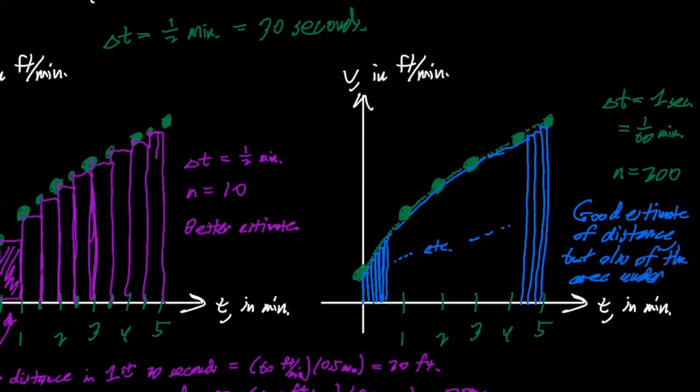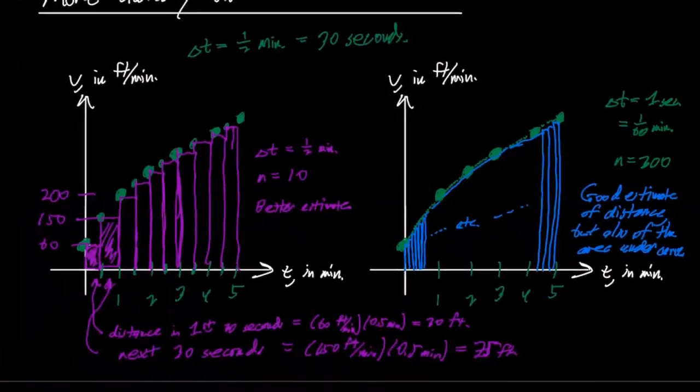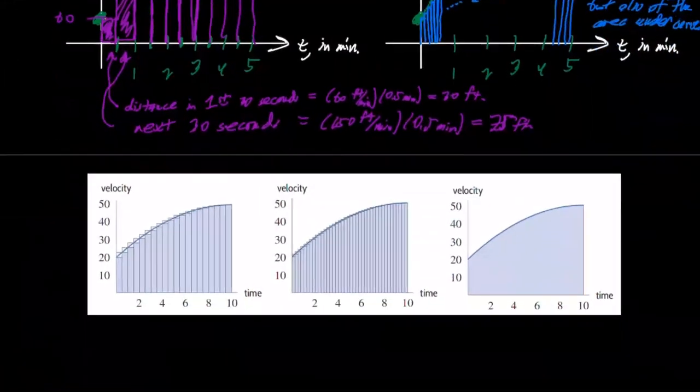And so that's why we're starting to realize that distance might have something to do with the area under a curve. In fact, I can't really draw this well, so I just ripped this out of the book. Ignore these. This is a different question, so the time and the velocities aren't really right. But it's a similar type thing.